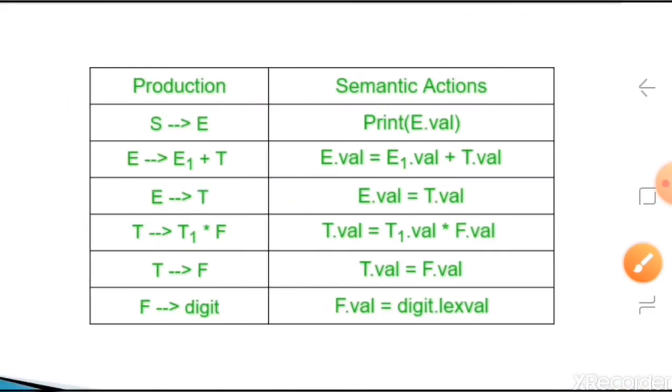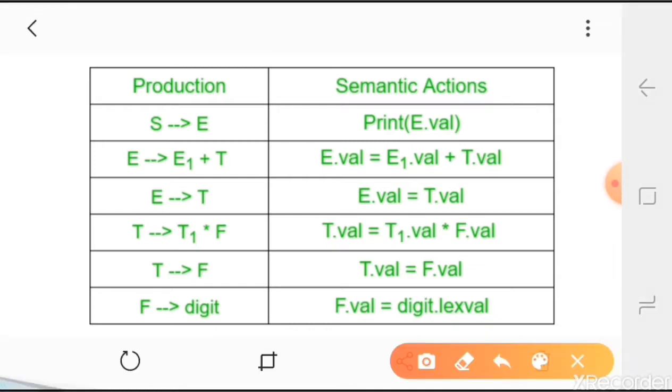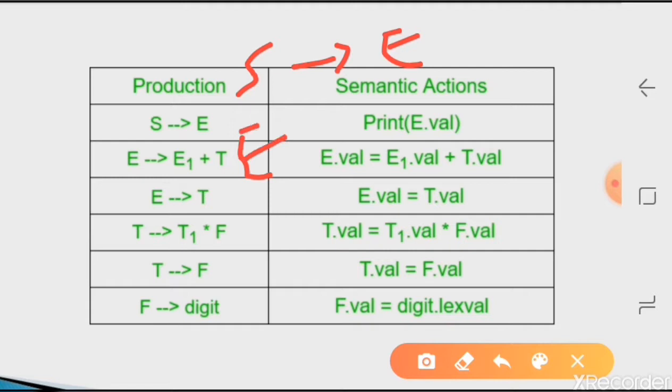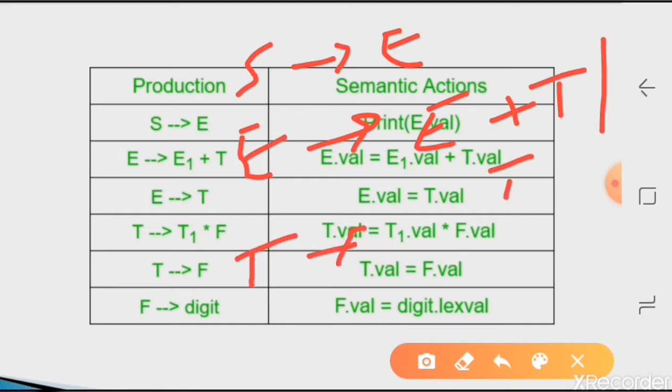Let's take one example. Here we have one grammar: S producing E. Then E producing E plus T or T. Then T producing T star F or F, then F producing digit, or id you can say.